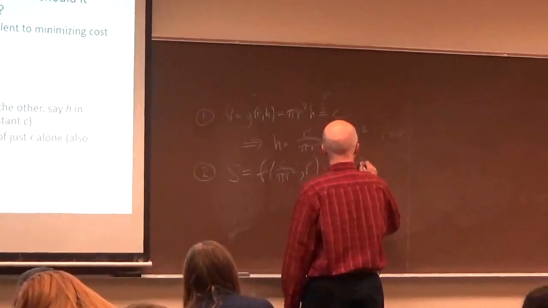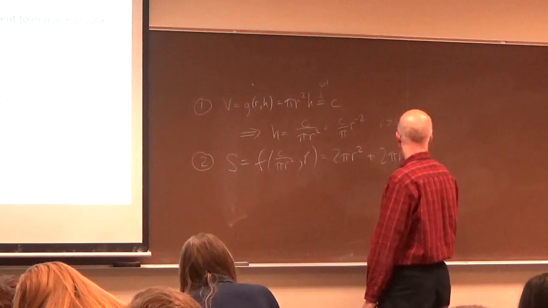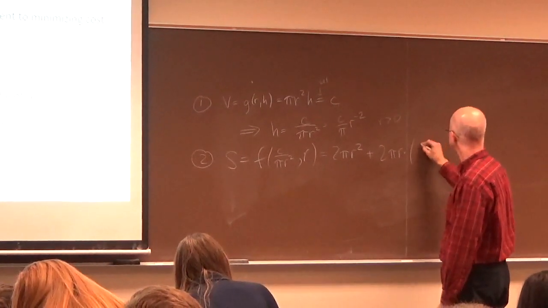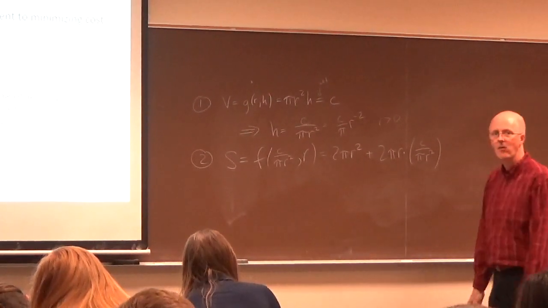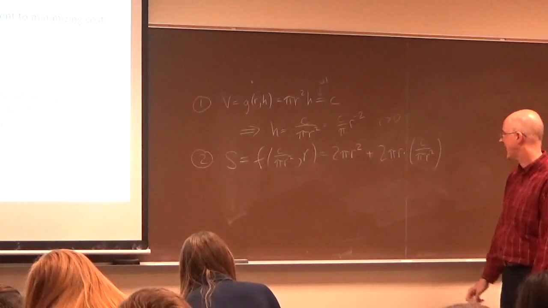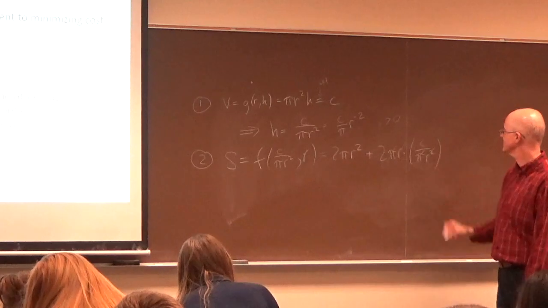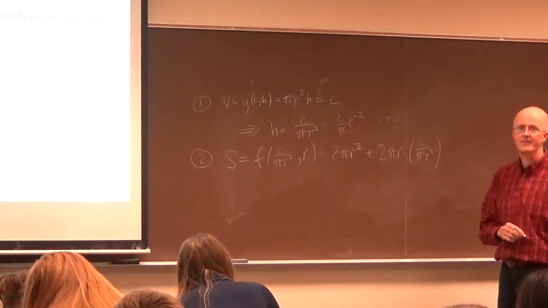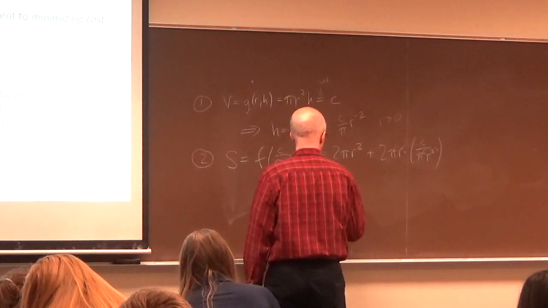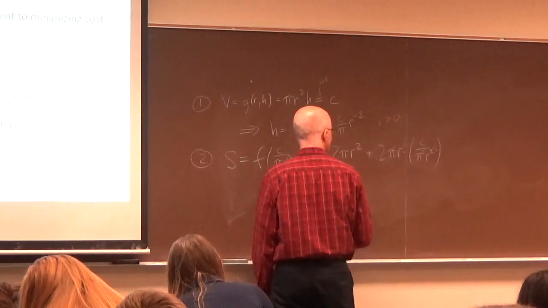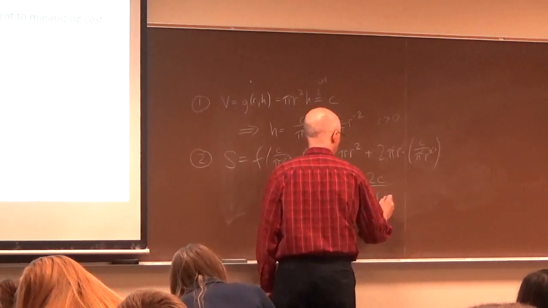So we get 2 pi r squared plus 2 pi r times h, but now replace h with c over pi r squared. And something nice happens: the pi's cancel, and one of the r's cancels. You can simplify this to 2 pi r squared plus 2c over r.